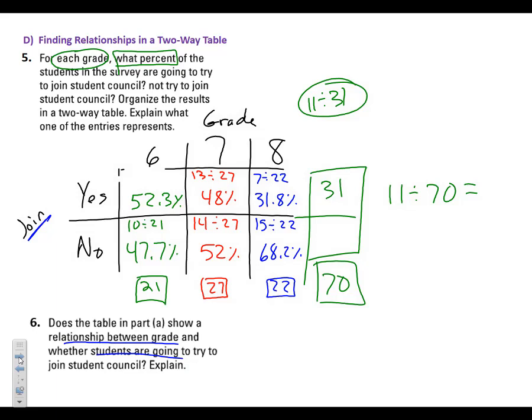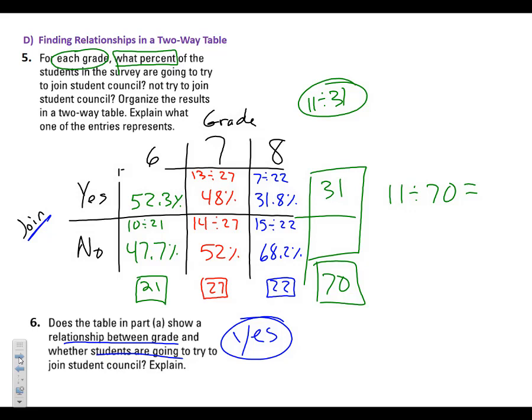I can see the percent of students in each grade level who are thinking they're going to join decreases as the grade level increases. And then the opposite is true for not going to join. It goes from 47 to 52 to 68. So the answer to this question is yes. Yes, there is a relationship between the grade level.